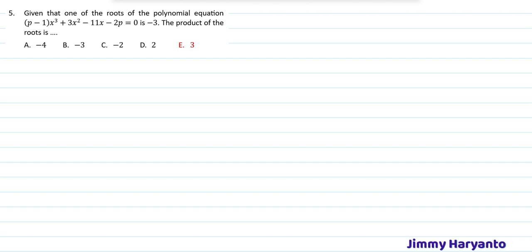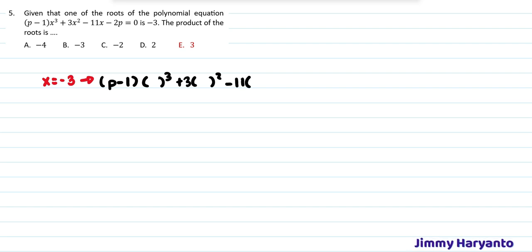Question 5, one of the roots is already given. You have to know that roots means the x, yeah, the value of the x. So you only have to input the x into the polynomials. (p minus 1)x to the power of 3 plus 3 times x squared minus 11 times x minus 2p equals 0. Because we already have the x, you only have to input the negative 3 into the x like that.